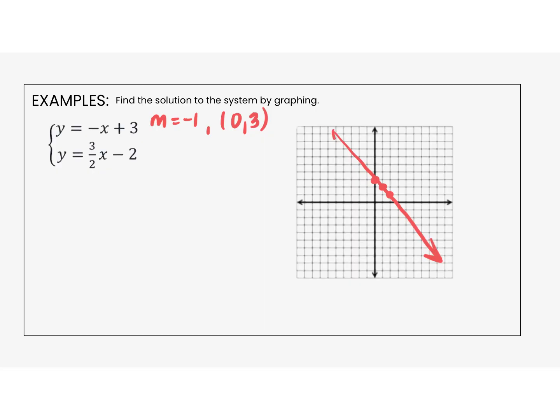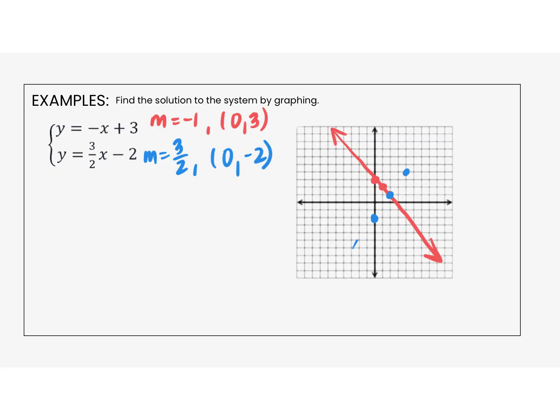And so my line's going to look something like that. When you graph, you should be using a straight edge, so yours should be more exact than mine is. Second equation, I have m is 3 over 2, and my y-intercept is 0, negative 2. So I'm going to use that to graph. I'm going to start at 0, negative 2, then I'm going to go up 3 over 2.